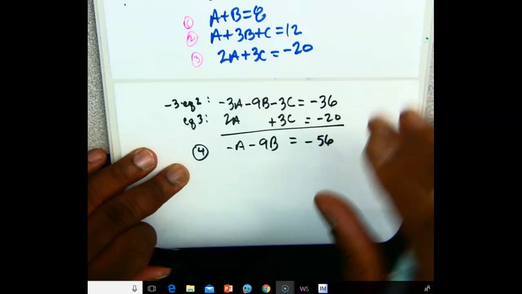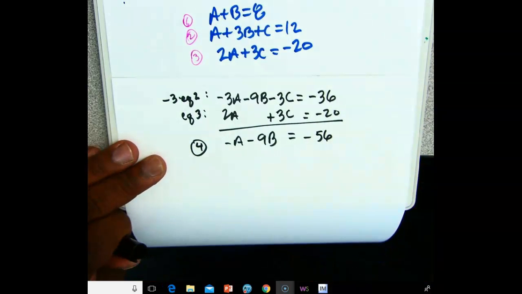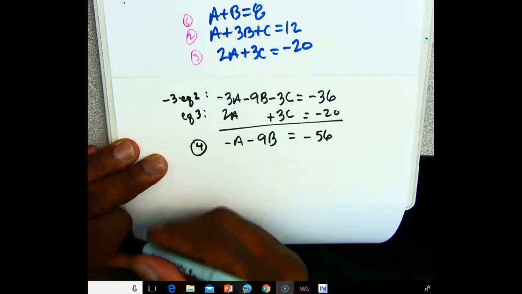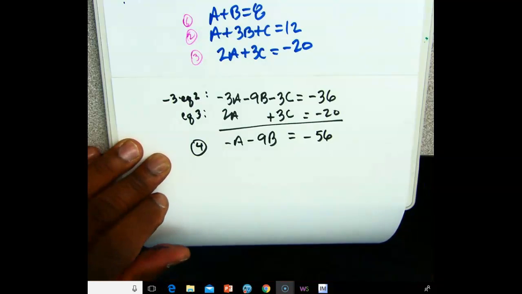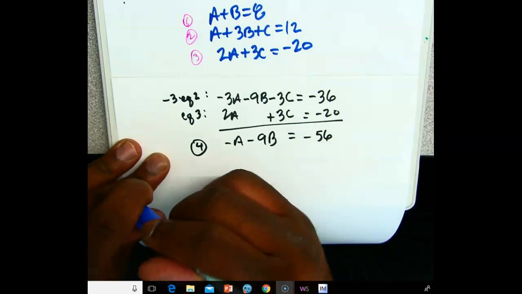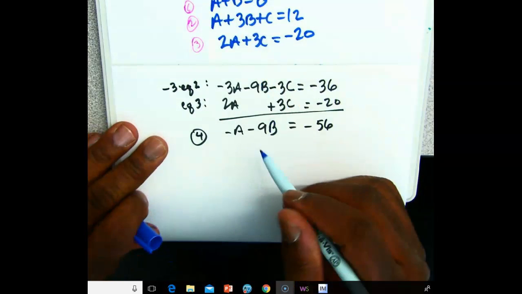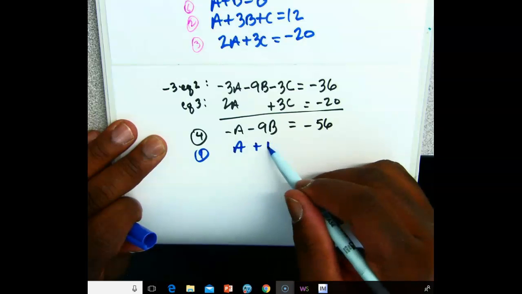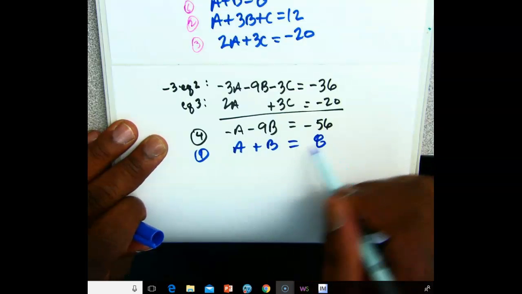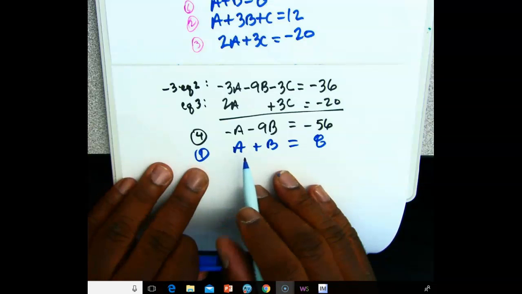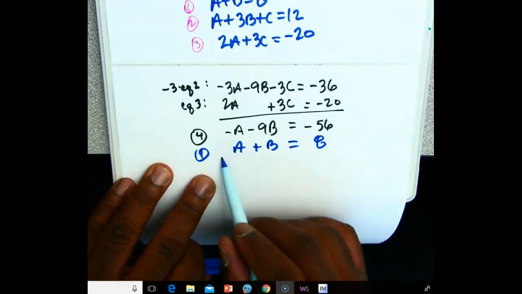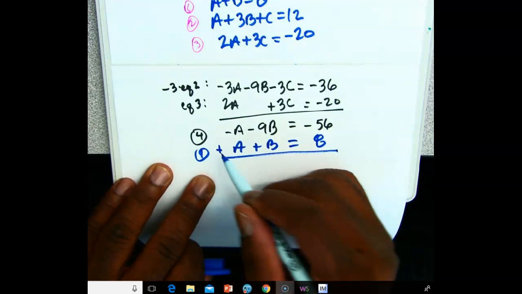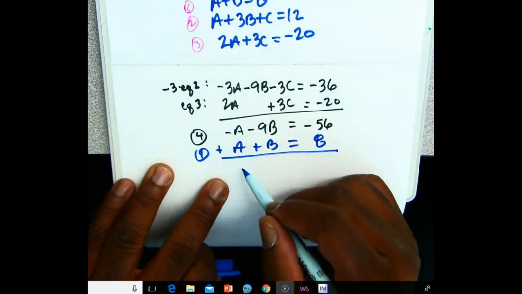All right, now what? Okay, so why don't we add equation 1 to equation 4? So equation 1 is a plus b is equal to 8. And this one works out nicely because we don't have to do anything. If we just add those two, the a's equal 0.